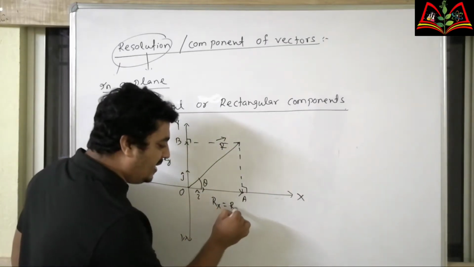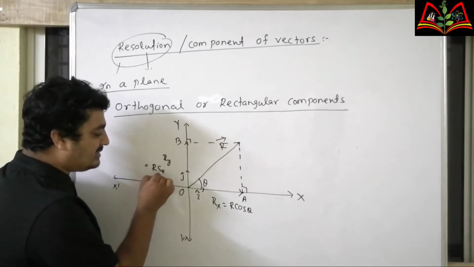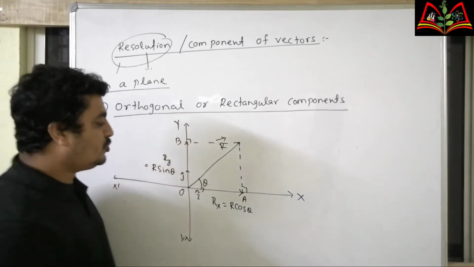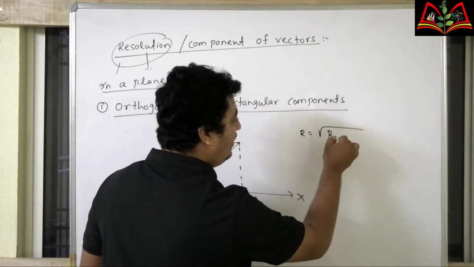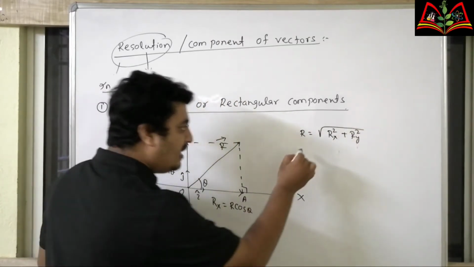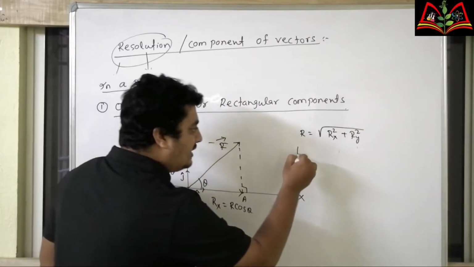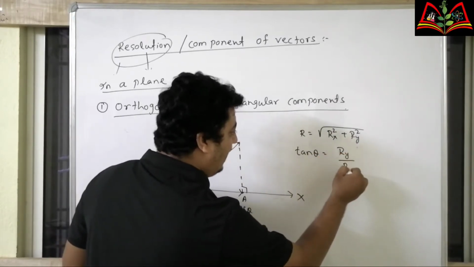Now, Rx will be R cos theta, Ry will be R sin theta. So we can write R equal to root over of Rx square plus Ry square, and tan theta equal to Ry by Rx.